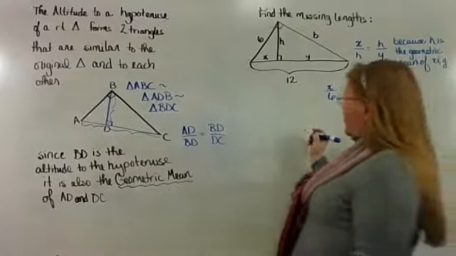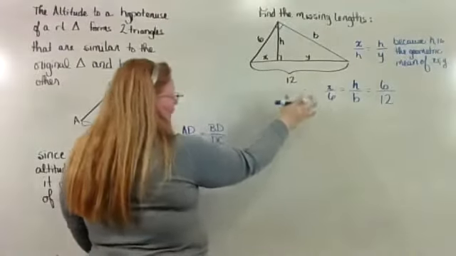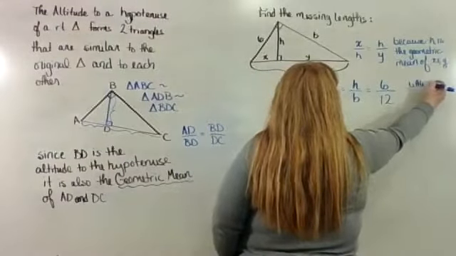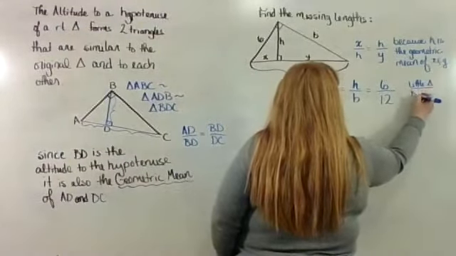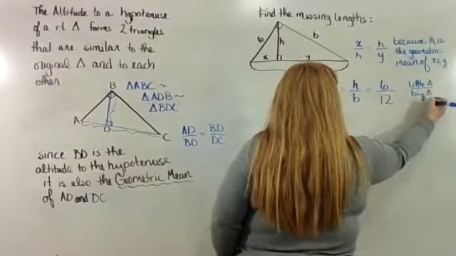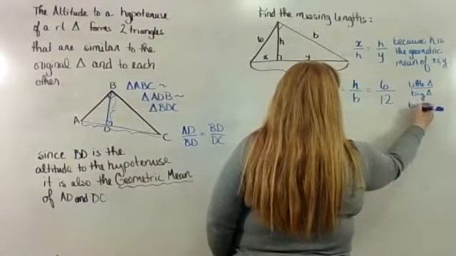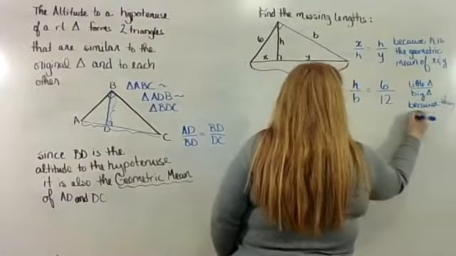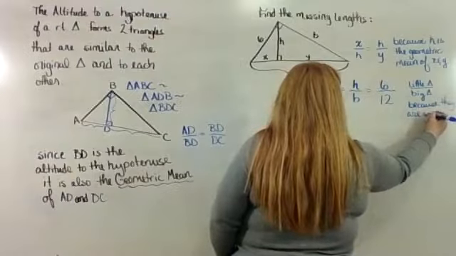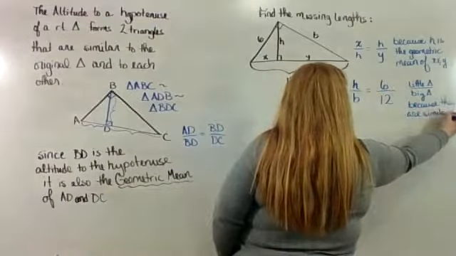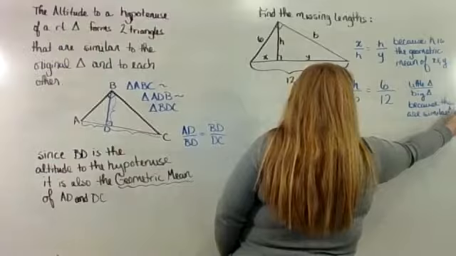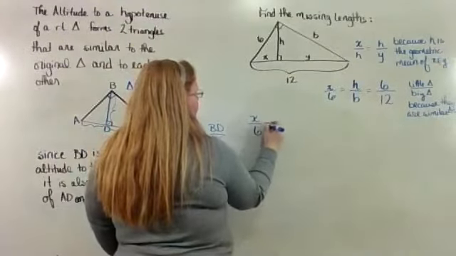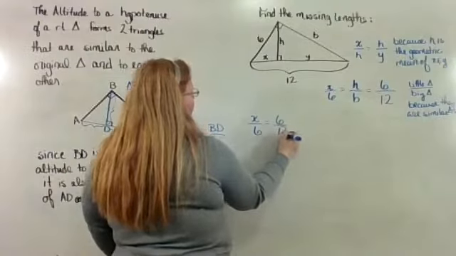Because they're similar triangles, I know that x over 6 has to equal 6 over 12.